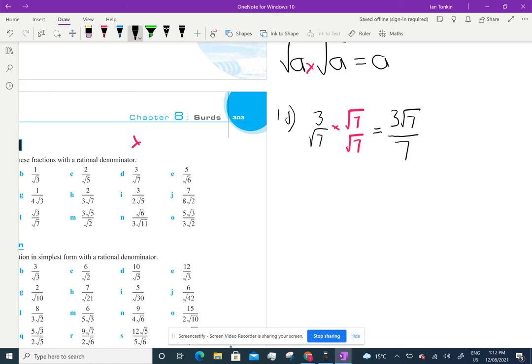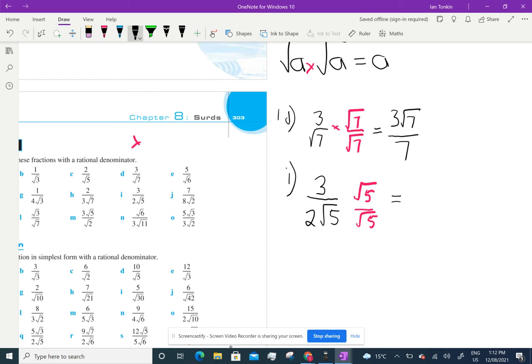And remember, I'm doing the third column, so I'm doing I. And I've got 3 on 2 root 5. Now, you could multiply top and bottom by 2 root 5, but that would just complicate things. Just multiply top and bottom by root 5 on root 5.